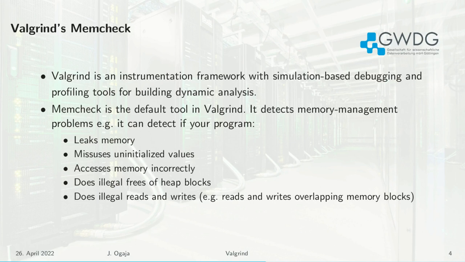Some of the things which memcheck can help us do are, for example, to detect memory leaks, use of uninitialized values, incorrect access of the memory, illegal frees on heap blocks, or illegal reads and writes.